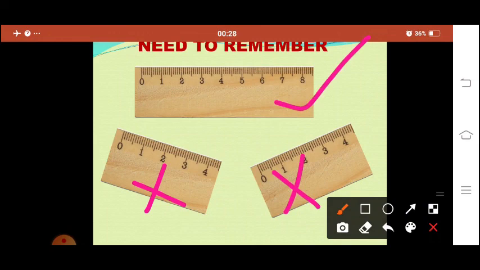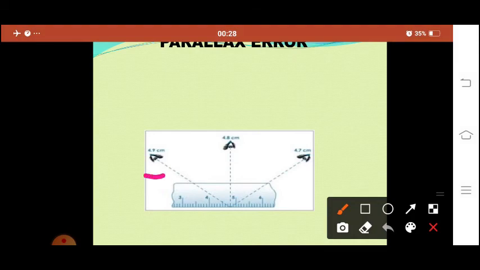Another thing you should always remember is called parallax. When you are measuring any length, how should you observe? If you observe from this side, you will get a value much less than the exact measurement.